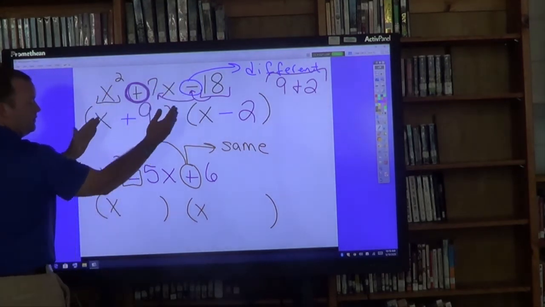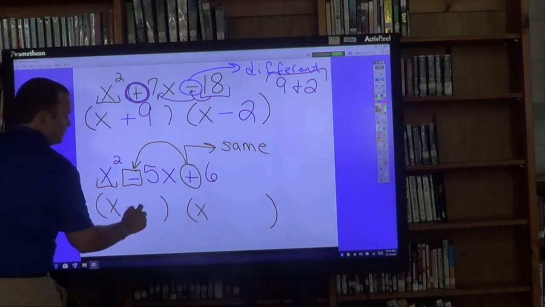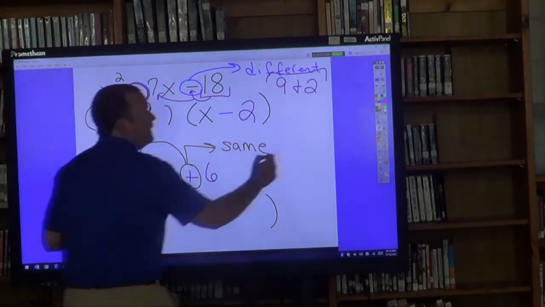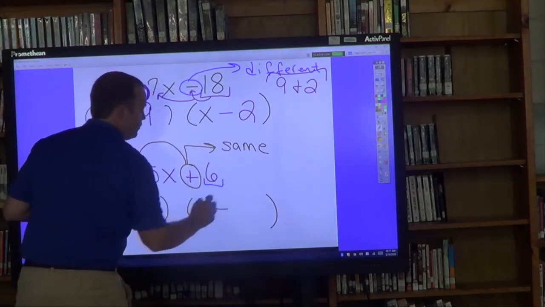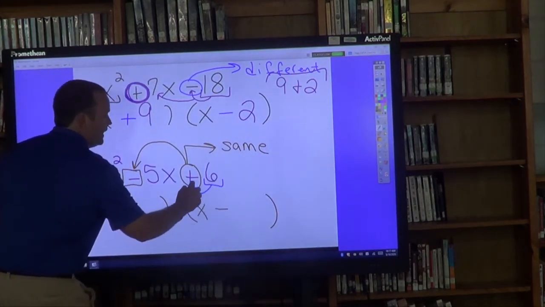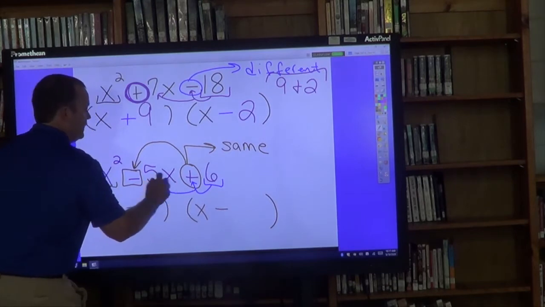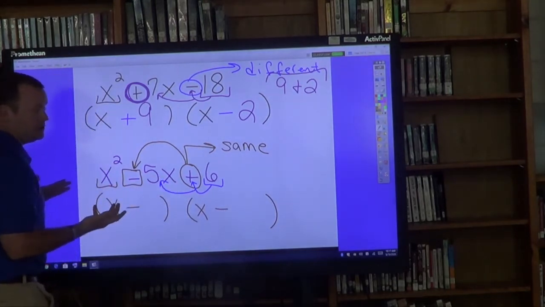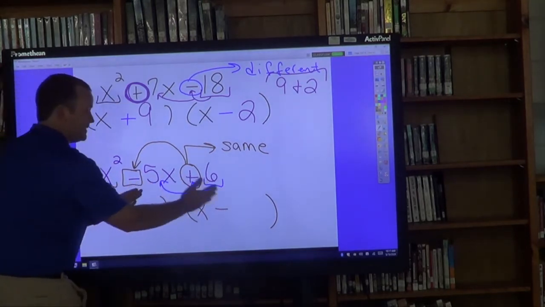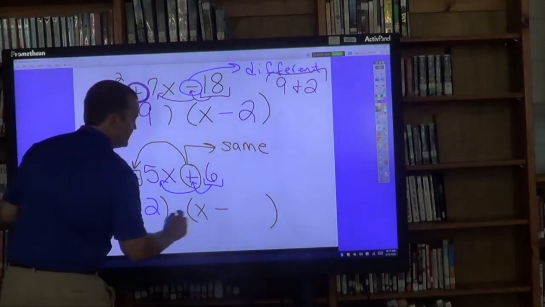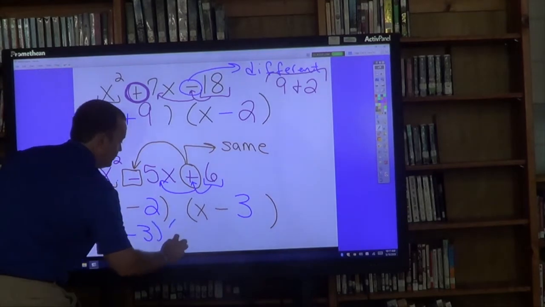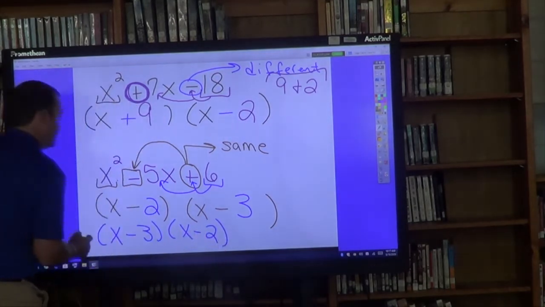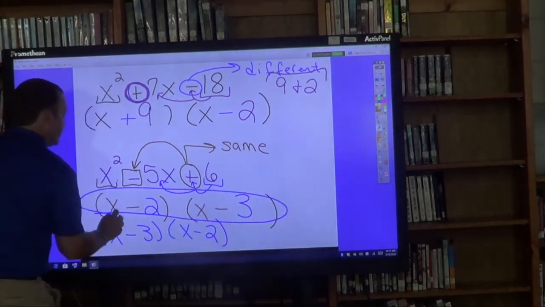So they're both negative. To find my constants, what two numbers can I multiply together to get 6 and add together to get 5? That'd be 3 and 2. Because the signs are the same, it makes absolutely no difference where you put them. Both of these answers would be correct.